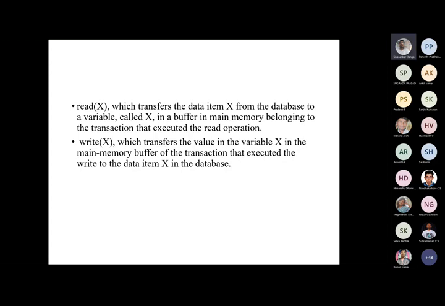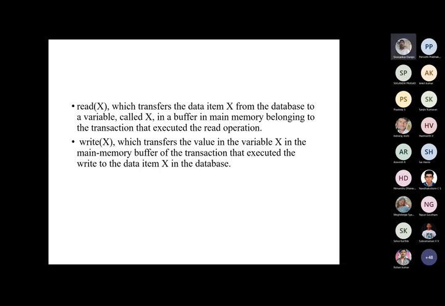right? So whenever you have a transaction, you need to know these two functions, read of X and write of X, right? The instruction read of X is used to transfer the data item X from the database to a variable called X. So you are going to load the value from a database onto the variable X, which is present in a buffer in main memory belonging to the transaction that executed the read operation, right?